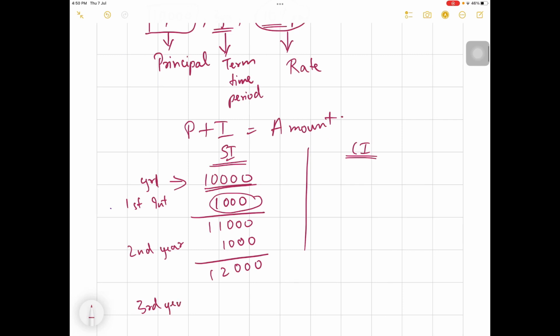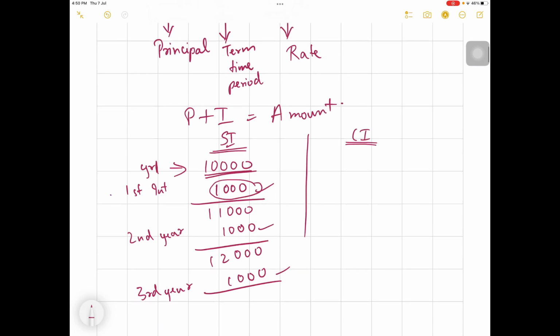Third year, interest earned will again be 1,000, because it is principal into 10%. So this amount has become 13,000. Now 13,000 I have to repay after 3 years. First year interest is 1,000, second year interest is 1,000, third year interest is also 1,000.